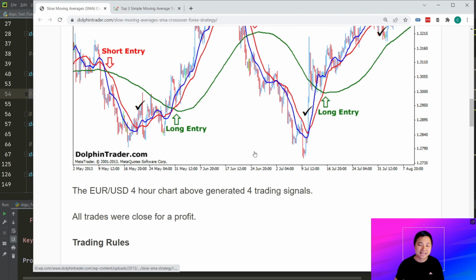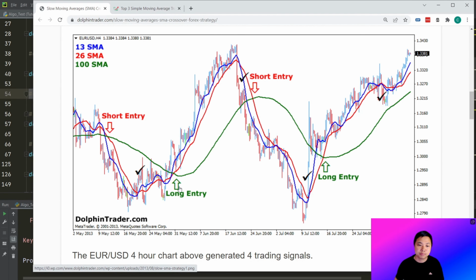For this example here, you can see that this is the buying signal. We have three moving average lines over here. The fastest is the blue line, that is the 13 smooth moving average, and then the lower ones are the 26 and the 100 smooth moving averages.